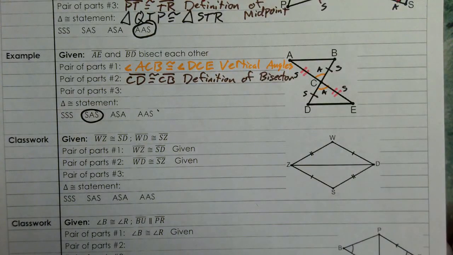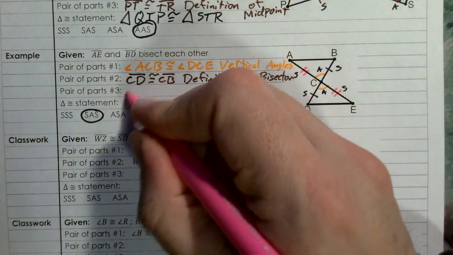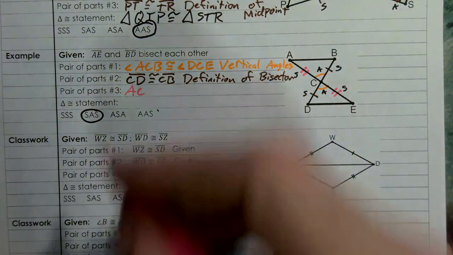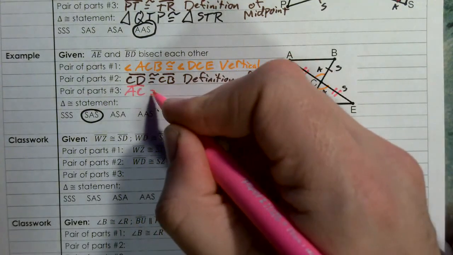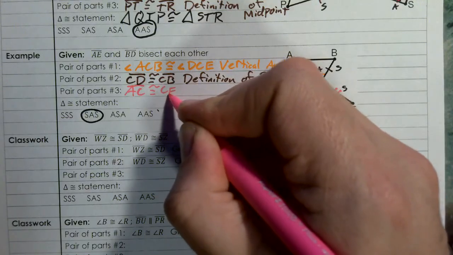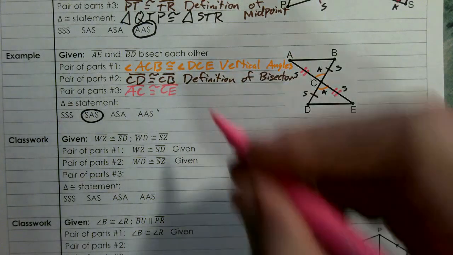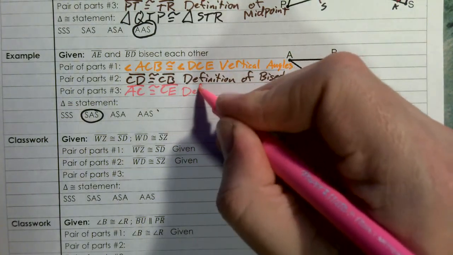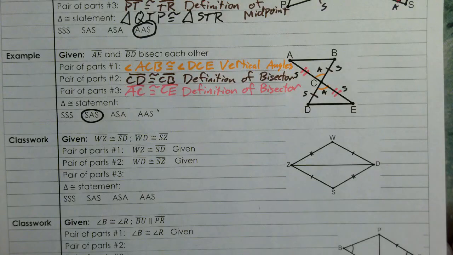And it was using that same logic that we're able to get that other pair saying that AC is congruent to CE. That's that same definition of bisector. So with all of that, we've got all three of our bits marked as congruent. We're doing side, angle, side.